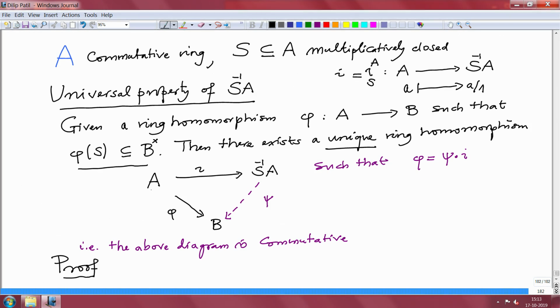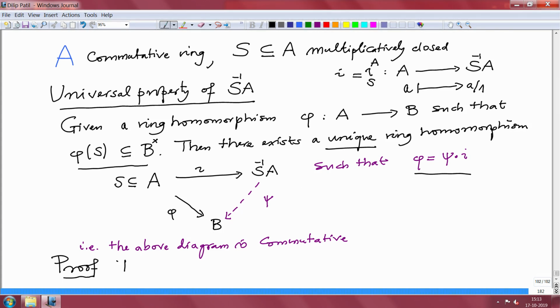All the elements of S here, they go to units here. So obviously this condition dictates how to define psi.